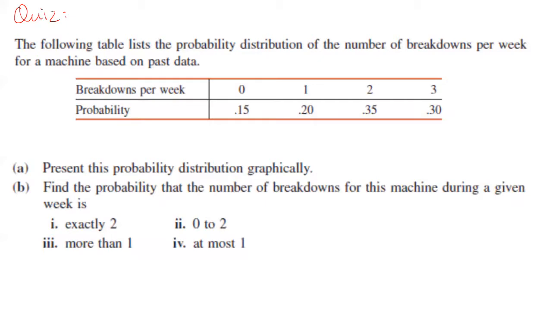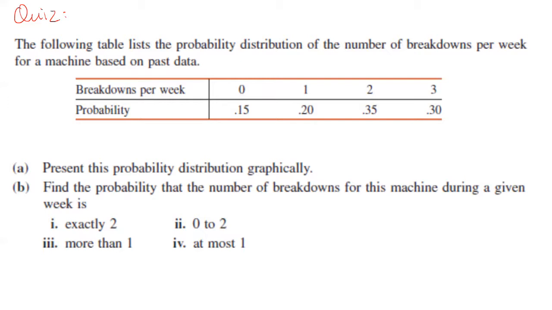The probability of 0 is 0.15, of 1 is 0.2, of 2 is 0.35, and of 3 is 0.3. Question A: present this probability distribution graphically. That means to use a bar chart.